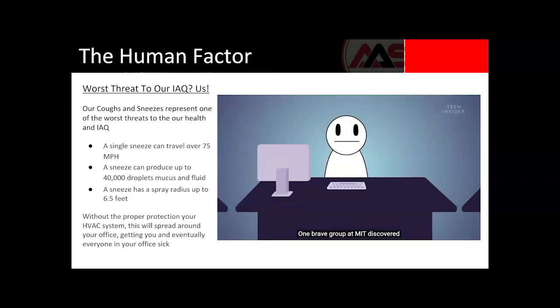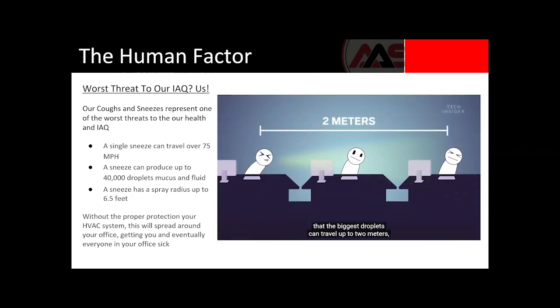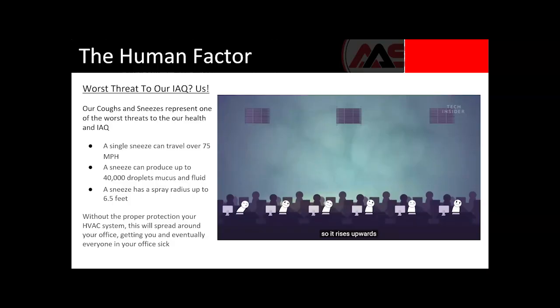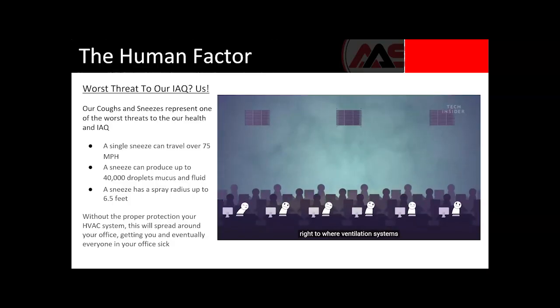One brave group at MIT discovered that the biggest droplets can travel up to 2 meters, about the distance between your desk and 2 desks away. But most other droplets? Those travel much farther, up to 8 meters. That's about 5 desks away. Not only that, the germ-infested gas cloud is less dense than the air around it, so it rises upwards, right to where ventilation systems and other people's unsuspecting noses and mouths await.